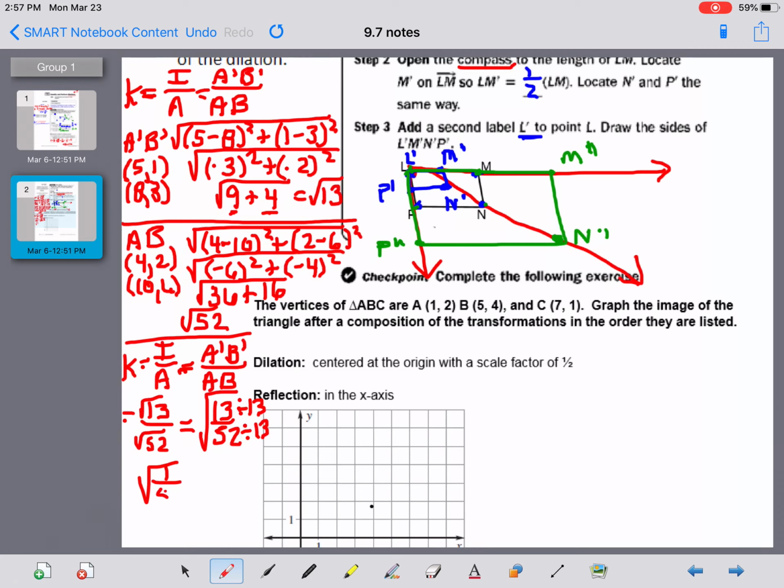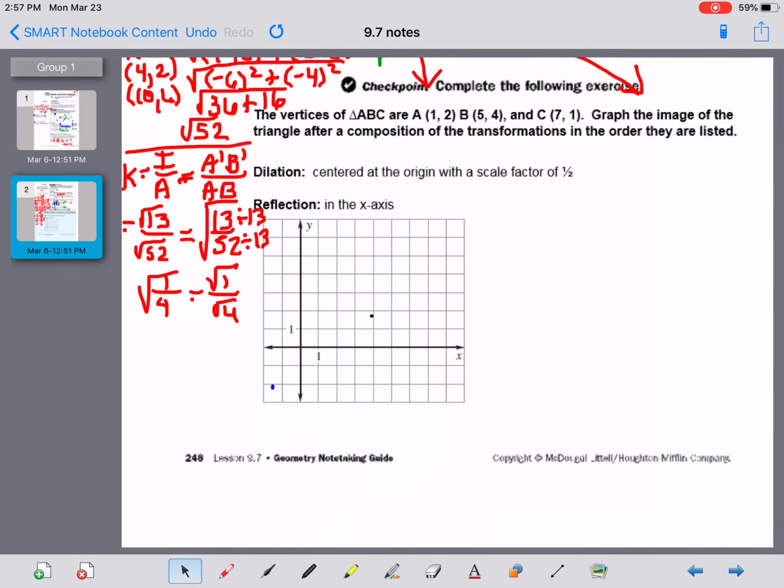And now I can separate them back into individual radicals. So I get the square root of 1 over the square root of 4. When I take the square root of 1 it is 1, the square root of 4 is 2, and there's my scale factor, 1/2, which shows me that I have a reduction between these two segments.